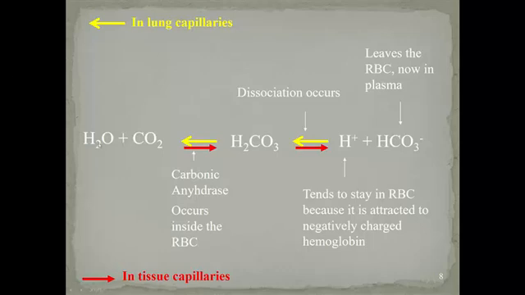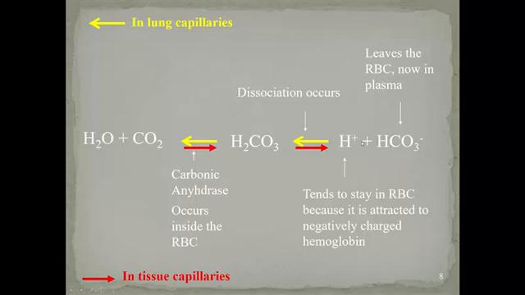So this is water, this is carbon dioxide, this is carbonic acid. This reaction, the red arrow, must occur inside the red blood cell because that's where the carbonic anhydrase is. Carbonic acid dissociates because it's a weak acid into the hydrogen ion and bicarbonate. So H+ is the hydrogen ion and HCO3- is the bicarbonate.